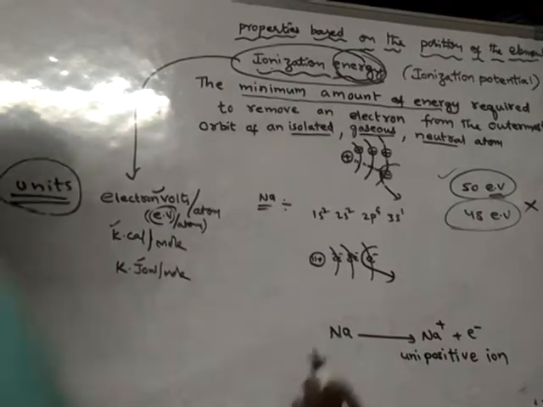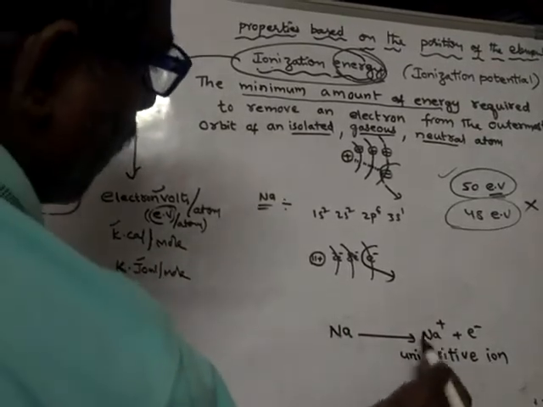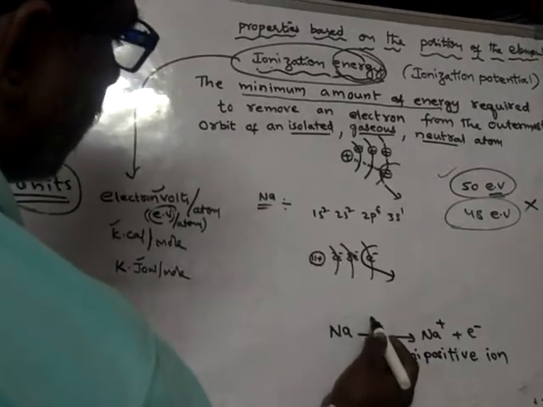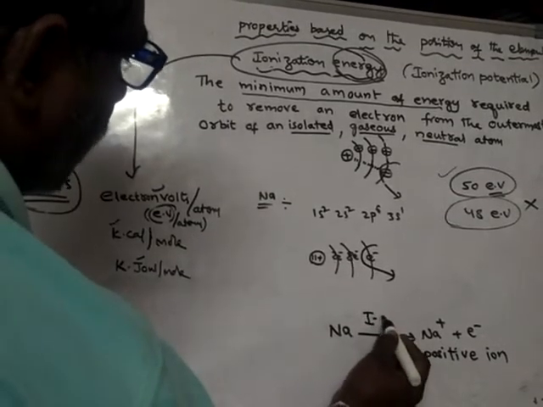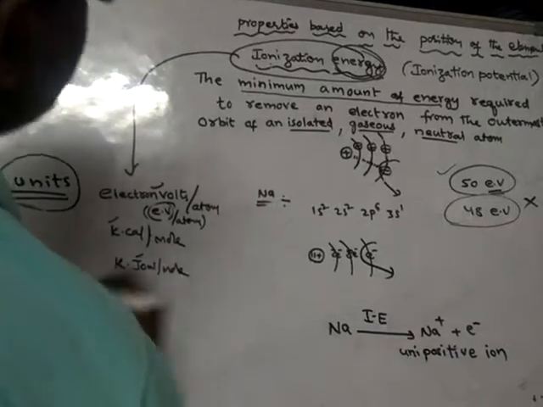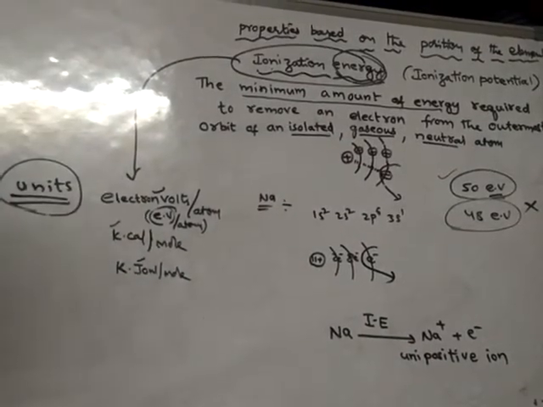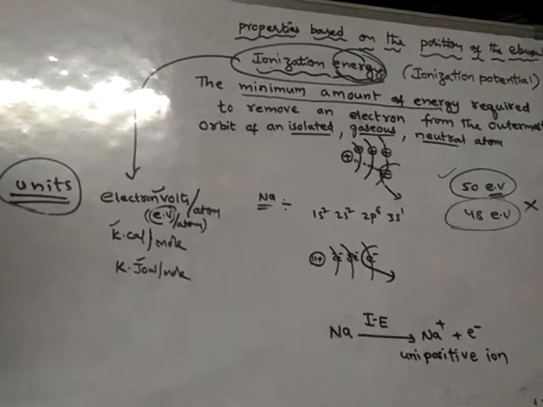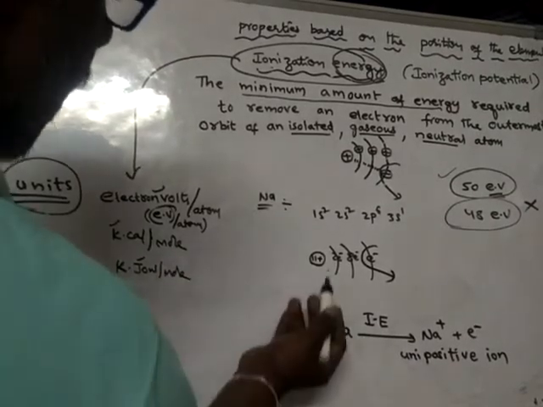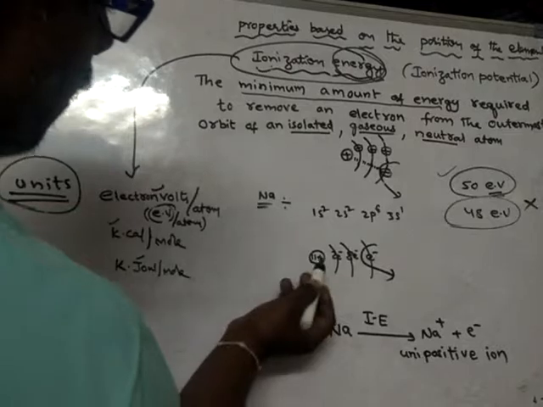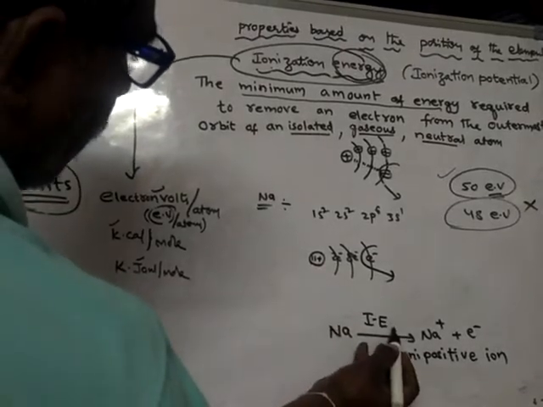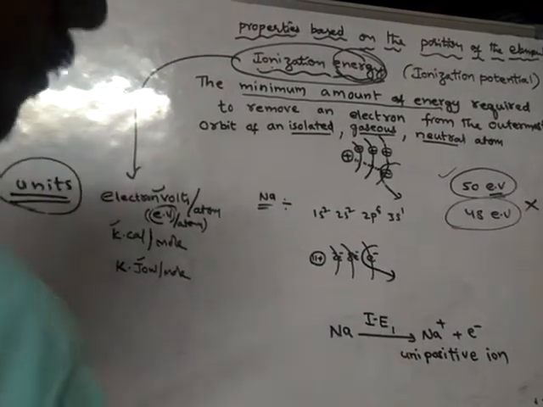So in order to convert this one into this one, I have to spend some energy. That energy is called ionization energy, IE. Shortly we can write IE, capital I, capital E. Here I am removing one electron, the first electron. That is why it is called IE1.